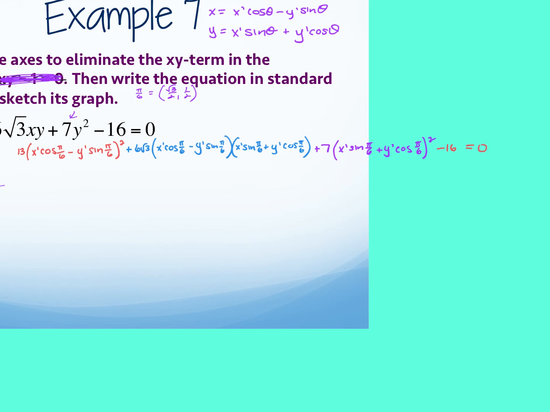You basically just replace those. Every x gets replaced with that long thing, every y gets replaced with that long thing.